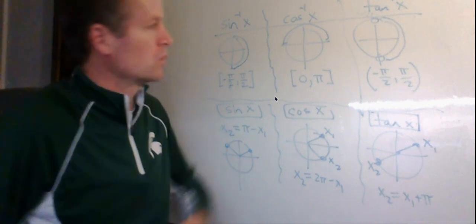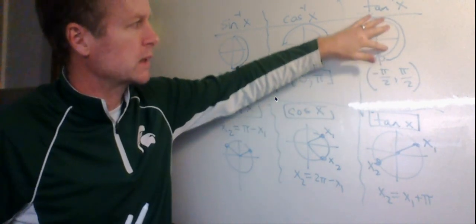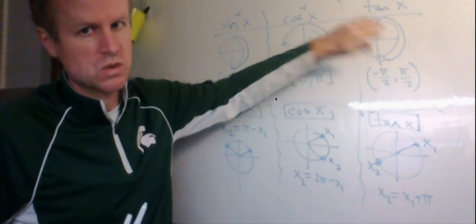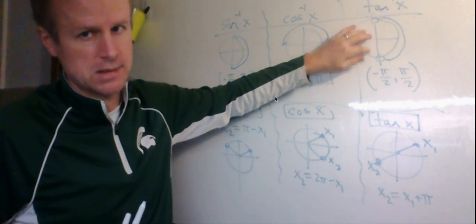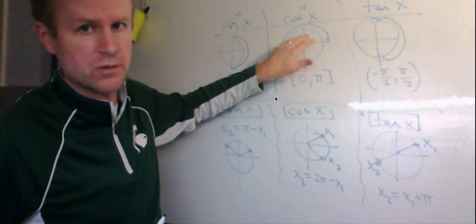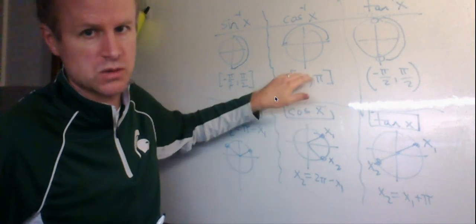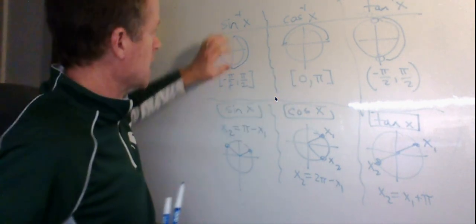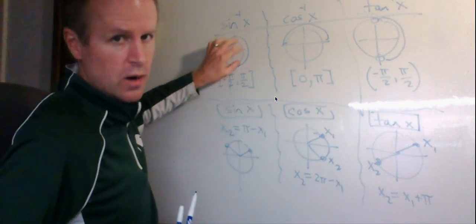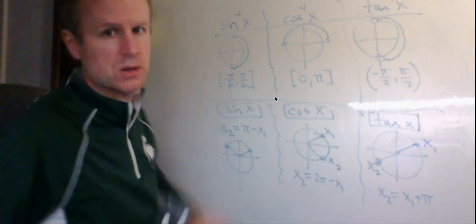So remember up here, for tan, I'm only going to get answers over on this side, so that's why I have to add pi to get these answers. In cosine, I'm only going to get answers up here when I do the inverse function, so I have to use this rule down here to get the answers in the bottom. Same with sine, I'm only going to get the answers over here when I do arcsine, so I have to use these rules to get the other answer.